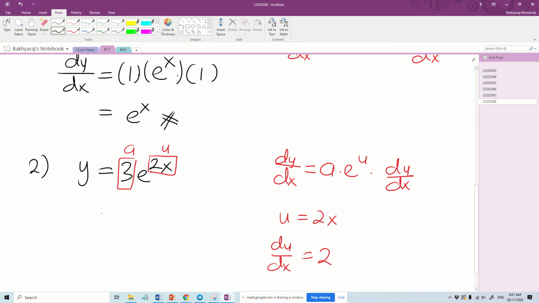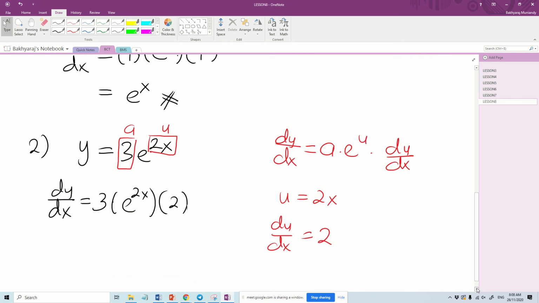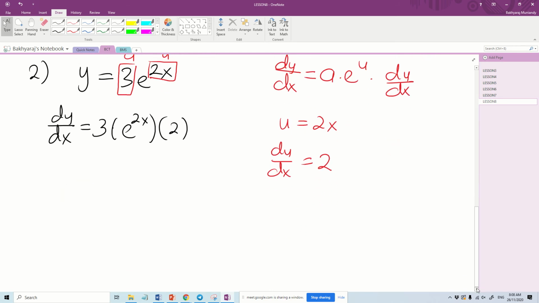So in that case I can go for the answer. dy/dx will be equal to a, which is 3, times exponent 2x, times du/dx, which is 2. So that gives 3 times 2 is 6 exponent 2x.